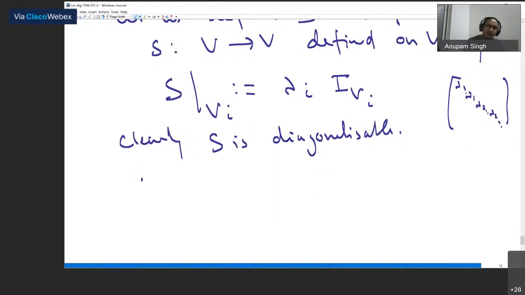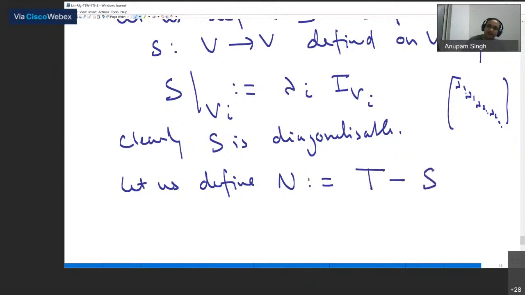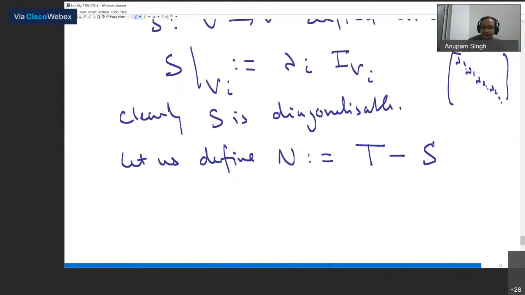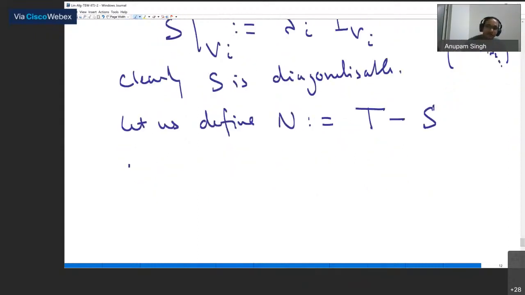And now I have to define N. So let us define N. I have the transformation T, and I have defined S. Anyway, I am expecting T to be N plus S. So I'll define N to be T minus S, right? But then we have to prove that N is nilpotent.